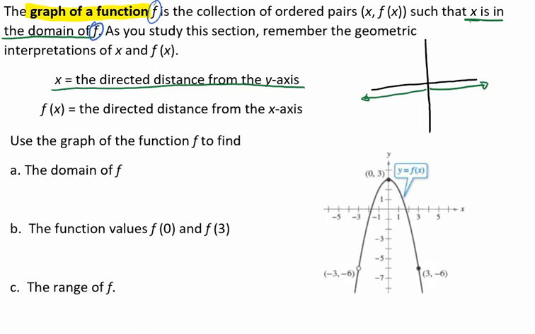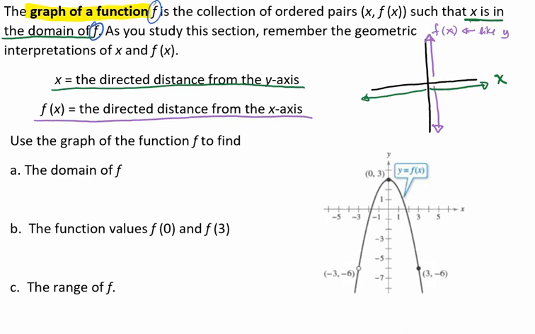And our f of x is going to be the distance from the x-axis, right? So as we look at this, we see that this is x and that this is f of x, or y. Probably should put an equal there, or y, right?